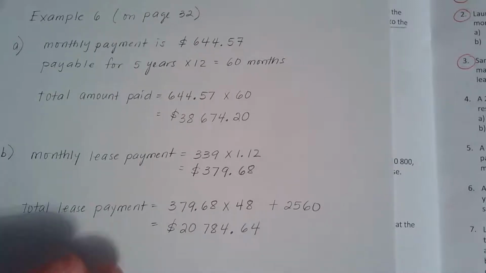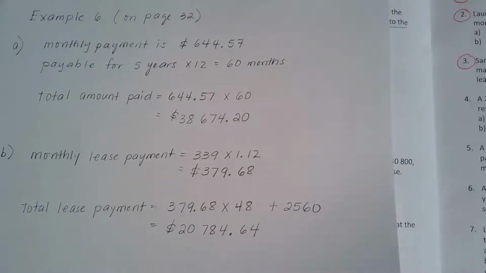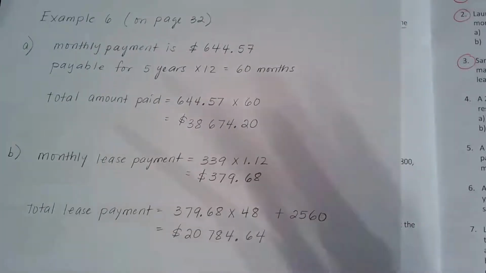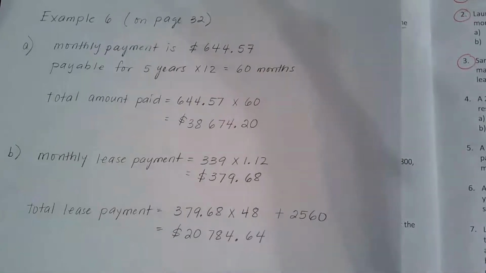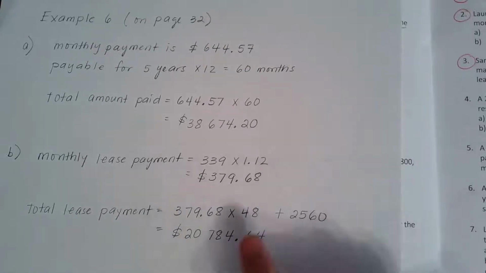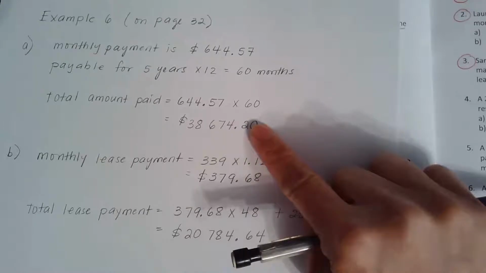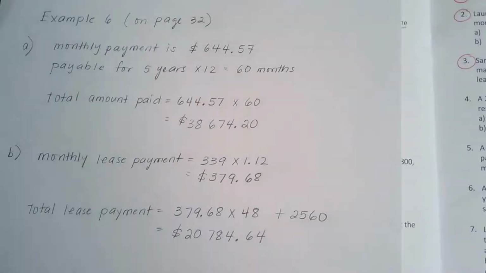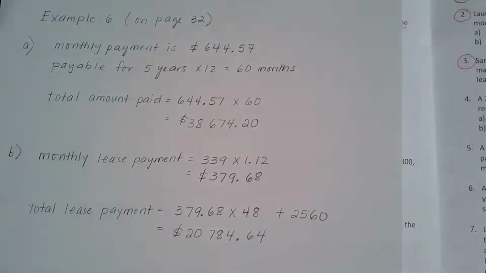Well, after this 48 months, this vehicle is not yours. You have to either get a new lease or buy it out. So although this amount seems lower than the total amount paid if we were to buy it, it's not yours. We have to return it.